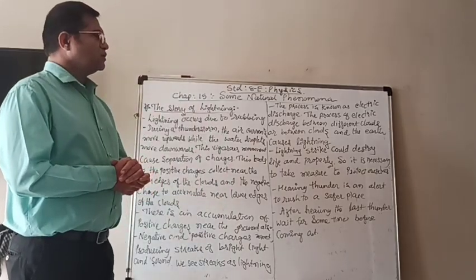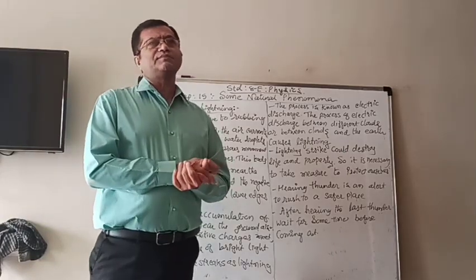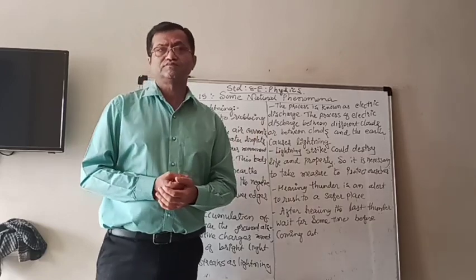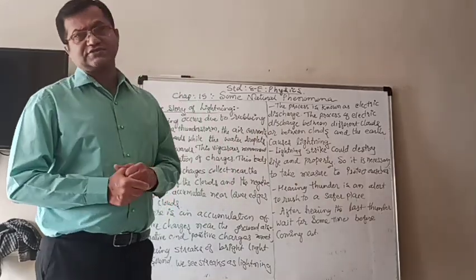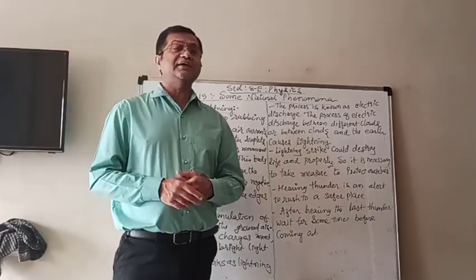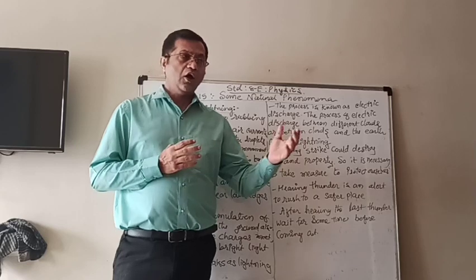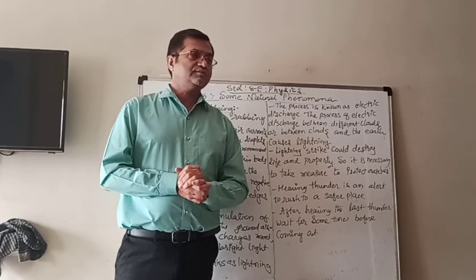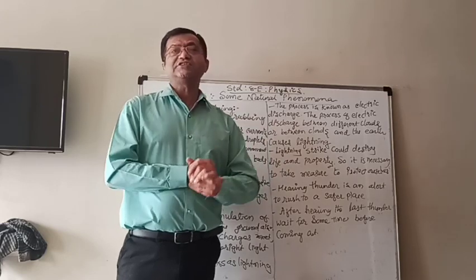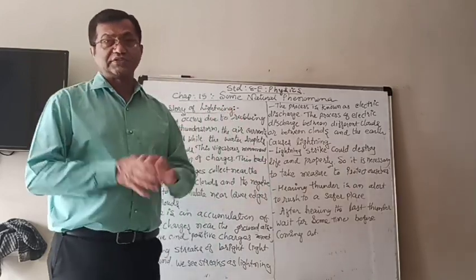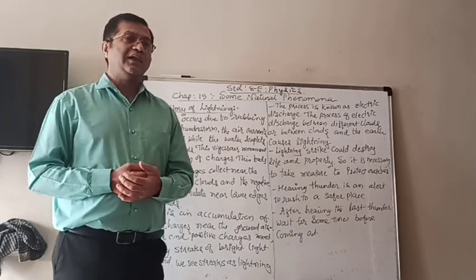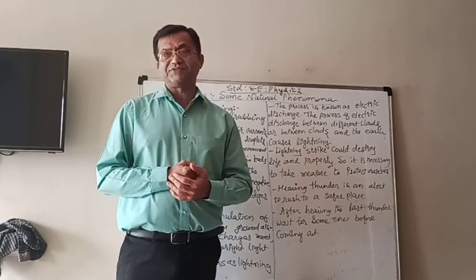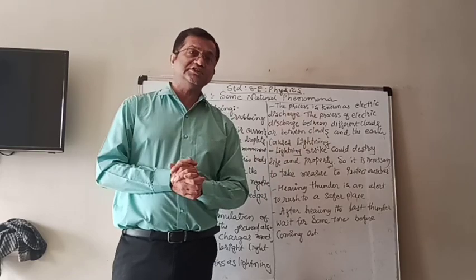So in the last session we learned about the electric charges that are produced during rubbing. There are two types of charges, positive charges and negative charges. Also we saw the interaction between charges: charges of similar types repel each other, while charges of different types attract each other.